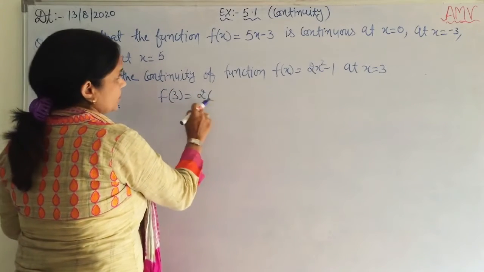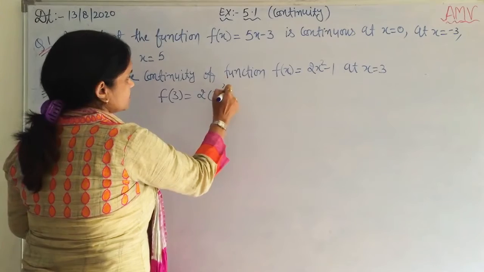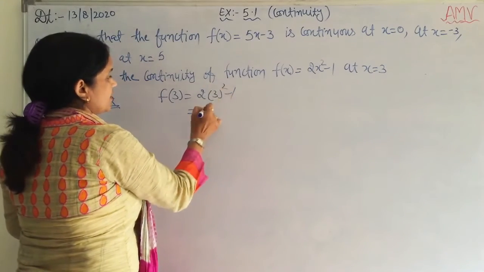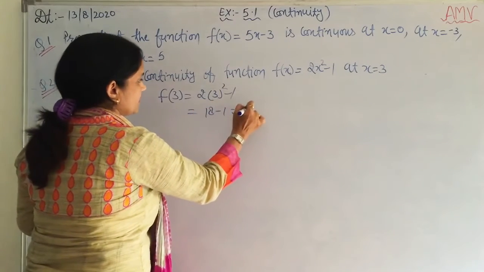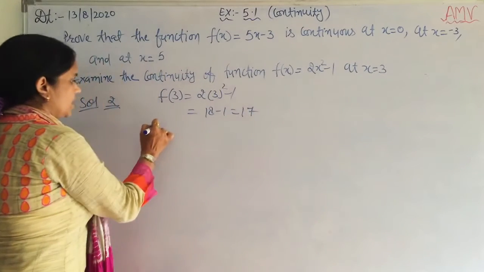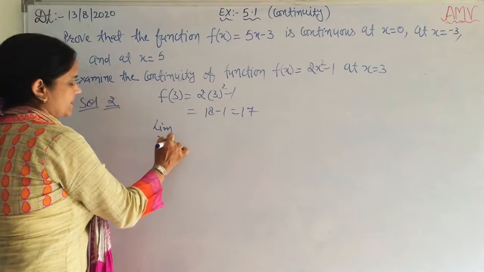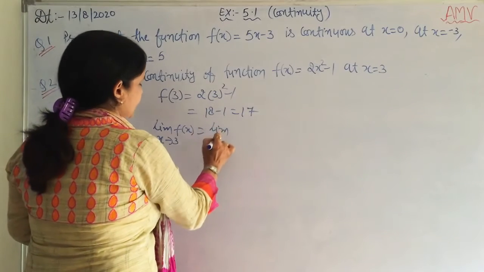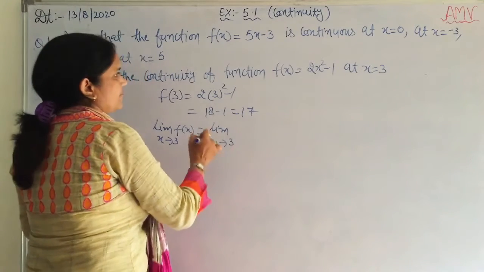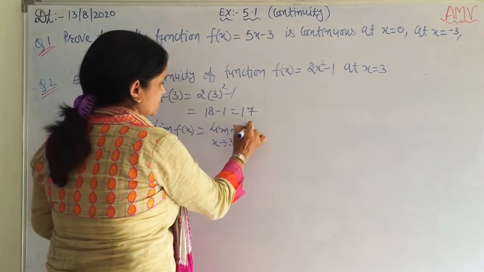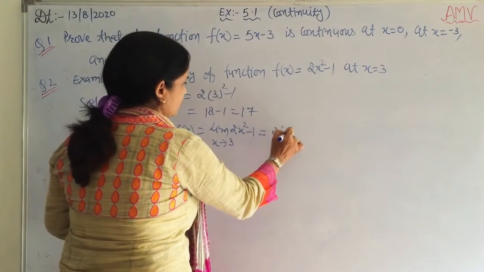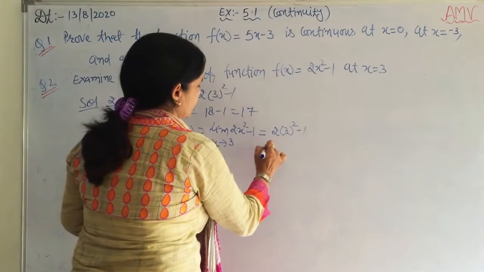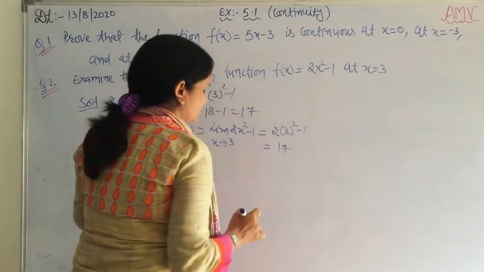So it is 2 into 3 square minus 1. 3 3s are 9, 2 9s are 18, minus 1, you will get 17. Now find the limit as x tends to 3 of f(x), where f(x) is 2x square minus 1. In place of x, write 3, so it is also 17.